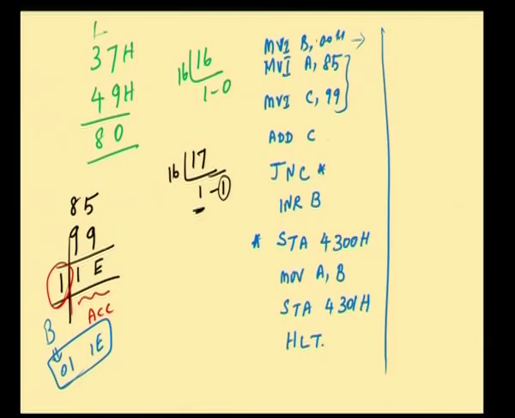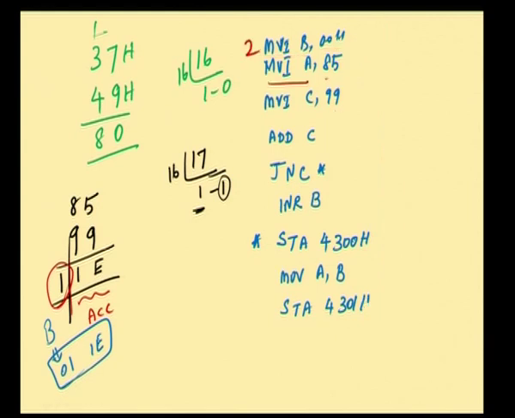Check how many instructions are required for this, how many addresses are required to store this program. For MVI B, this is the opcode, this is the operand, so 2 bytes, next also 2 bytes, this is only an opcode, so single byte. This one is a 3-byte instruction, this is a 16-bit address.